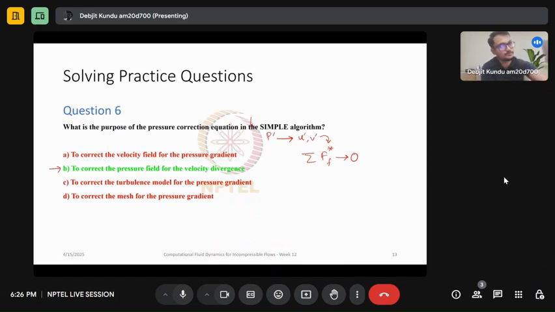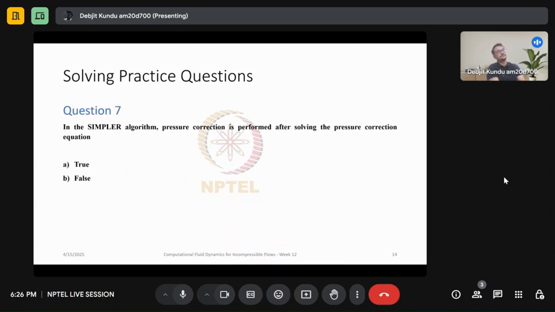All right. So moving on to question number 7, which is asking us that in the SIMPLER algorithm, the pressure correction is performed after solving the pressure correction equation. Is it true or is it false? SIMPLER being, I missed this earlier, SIMPLE revised.